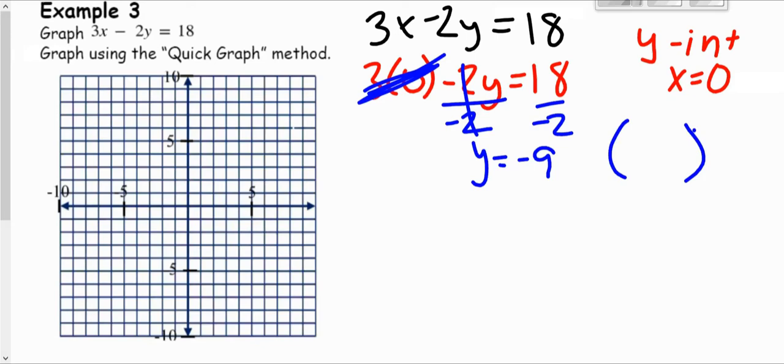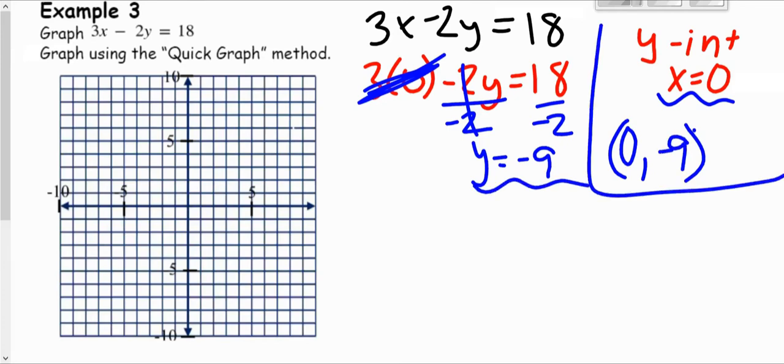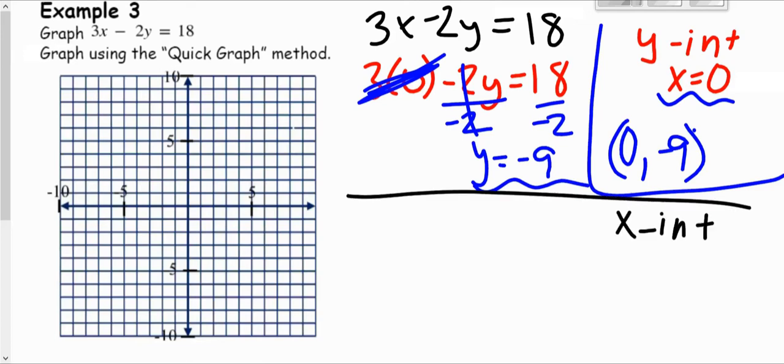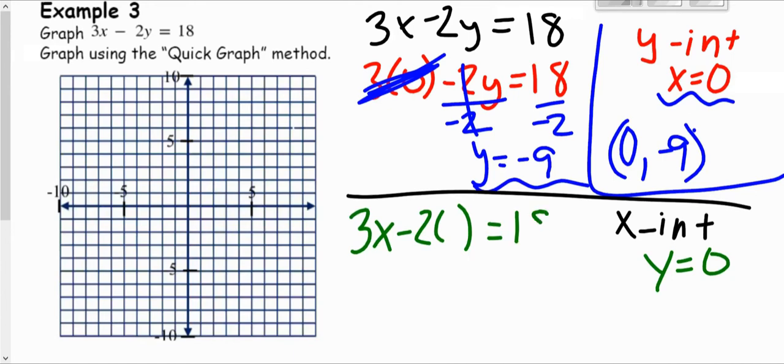So what is my ordered pair? Well, remember that x is 0, so that goes first, and y is negative 9. So that's my y-intercept. Now let's go find our x-intercept using that same equation, right? But this time, what are we substituting? That y equals 0. So this time I can say 3x minus 2y equals 18, and I'm plugging in 0 for y.